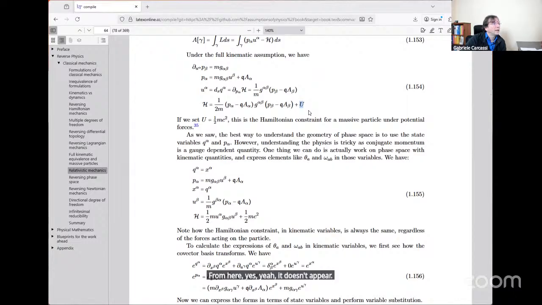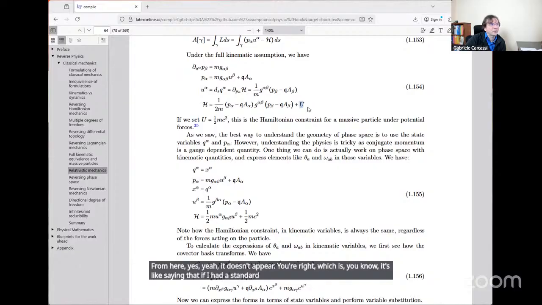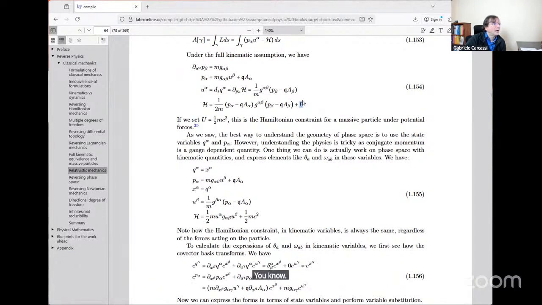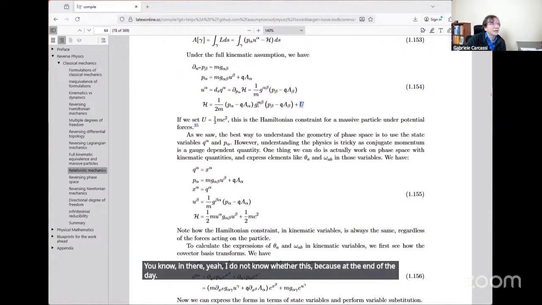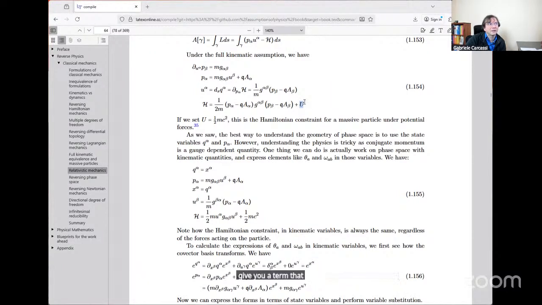You're right. It's like saying that if I had a standard Hamiltonian, the vector potential will also not appear there. I do not know, because at the end of the day, the Q alpha contracted with the G alpha beta gives you a term that is also independent of P. So if you expressed all of this out, you might be able to put it inside the alpha, and then you make a gauge transformation on the P's.